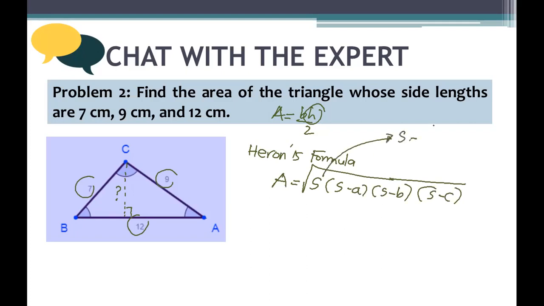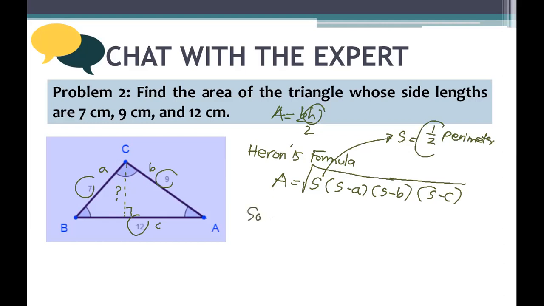S is equal to 1/2 of the perimeter. So what will you do first? You need to add all sides. This is A, B, and C. You add all sides first, then multiply by 1/2 or divide it by 2.